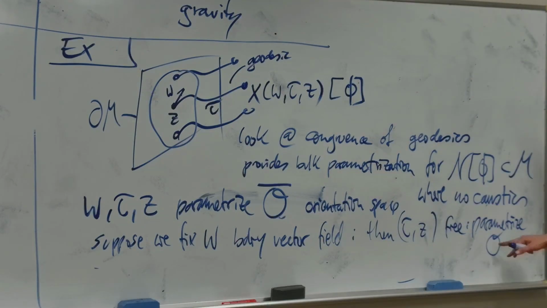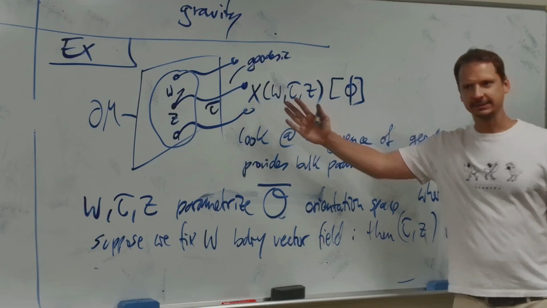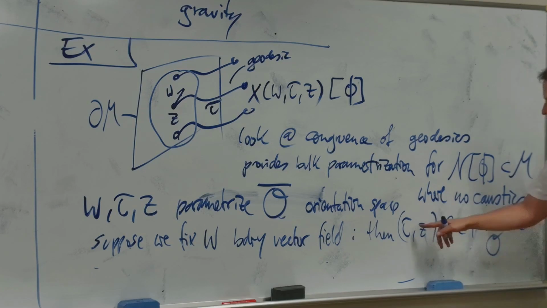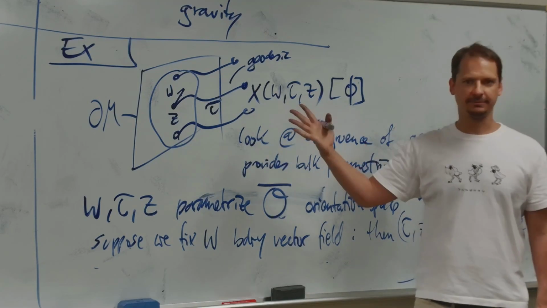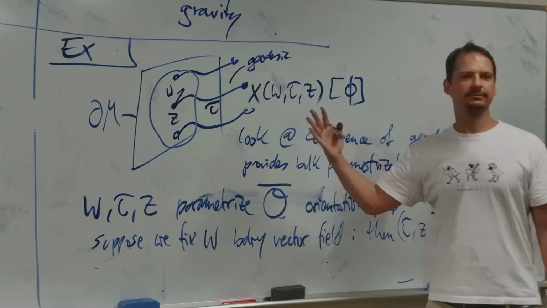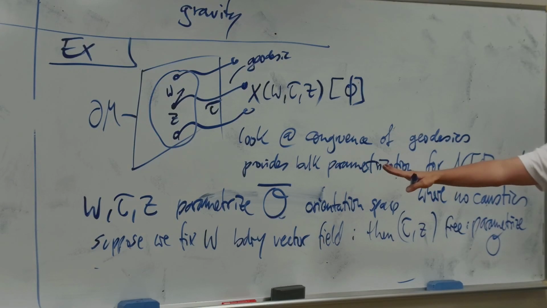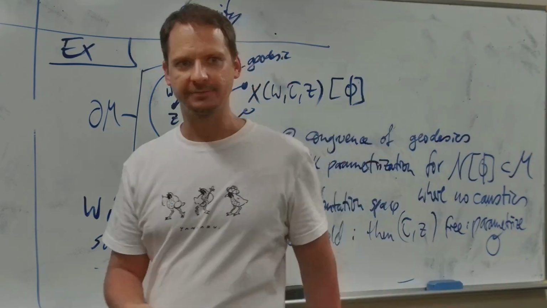And now, as long as I have a congruence without caustics, I can guarantee that for some neighborhood, the map from tau z into the bulk will be injective. And for that region, I can actually invert this map from tau z into the bulk. And the inverse of that map, that's the dynamic reference frame.